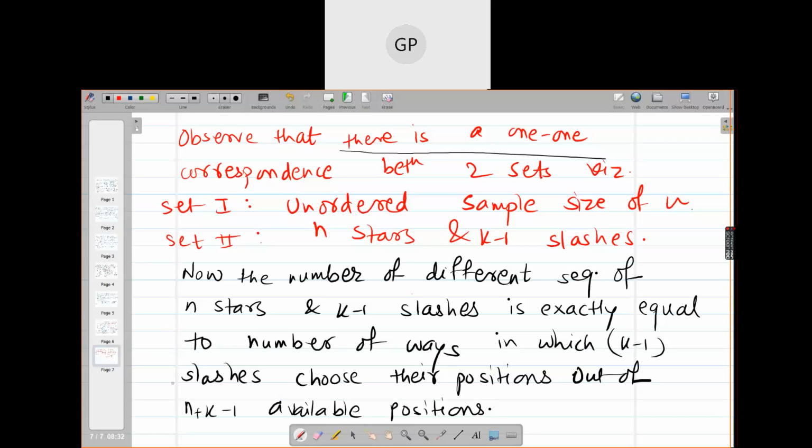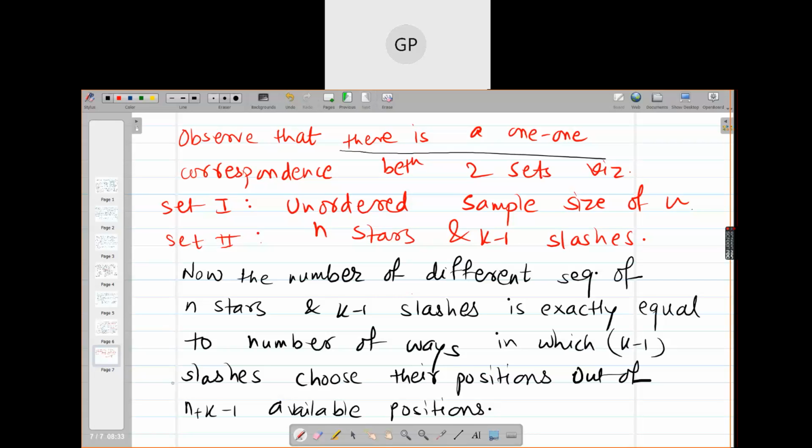Suppose there are 5 boys and 4 girls. So totally how many? And I want to make them sit for a photograph in a row. So in a row means 9 places, right? I'm looking for an arrangement of 9 people.